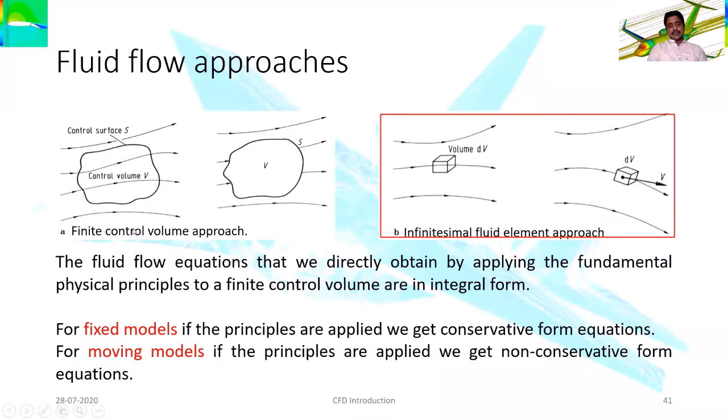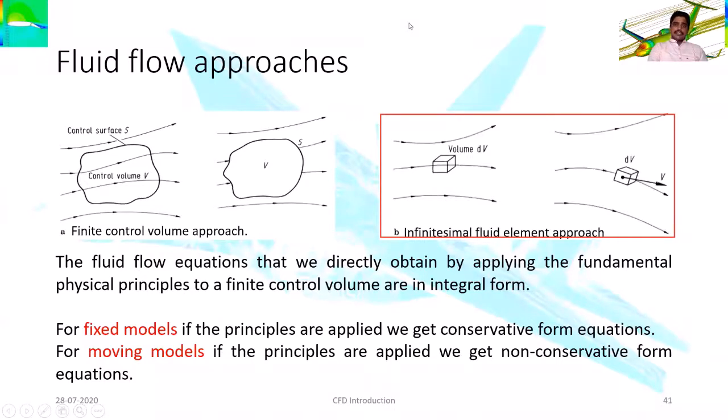Comparing the finite control volume to the infinitesimal fluid element approach, here again we have a fixed volume approach. Initially the volume is fixed, only the fluid is traveling. In the second case, the volume is moving with respect to the fluid. So that is the fixed volume and moving volume, under both the finite control volume approach and the infinitesimal fluid element approach.